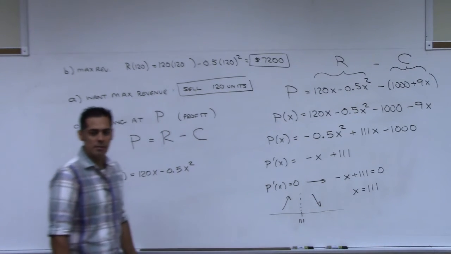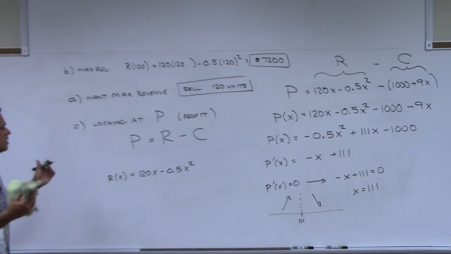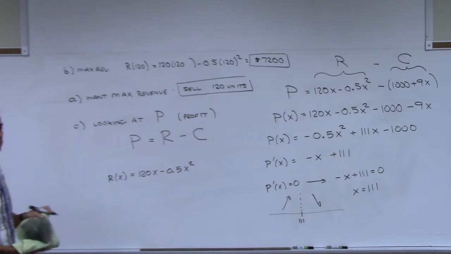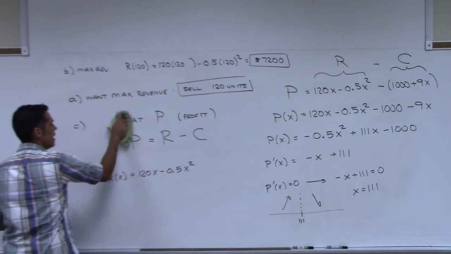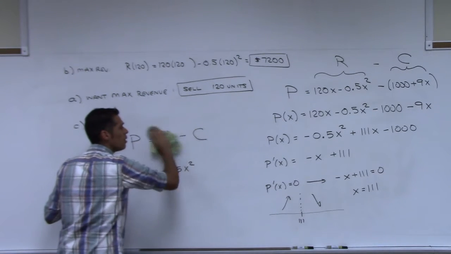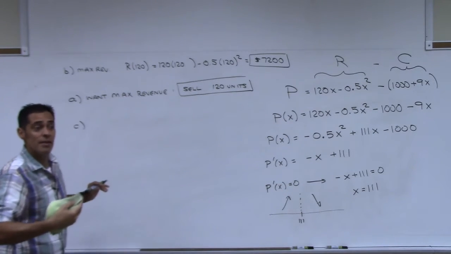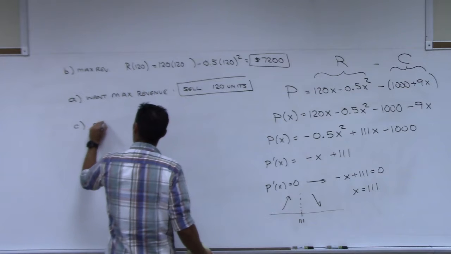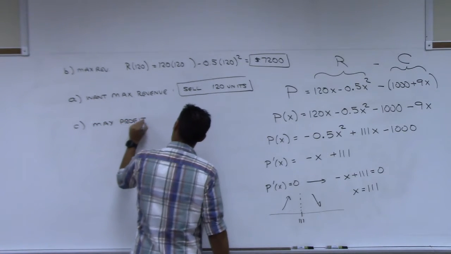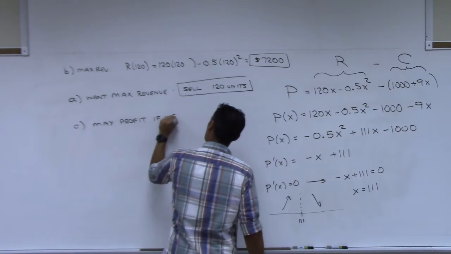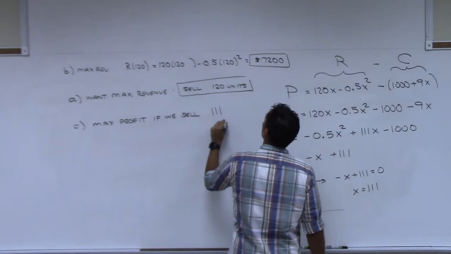It does go up and down. So what does that tell me? I have maximum profit when x is 111, right? So max profit if we sell 111 units.